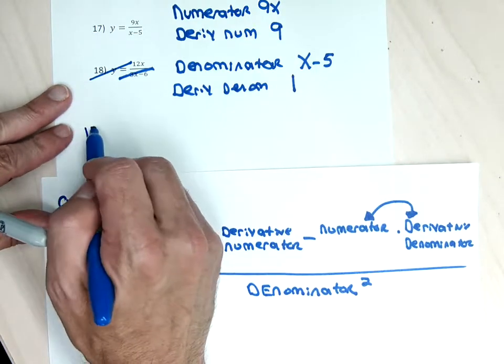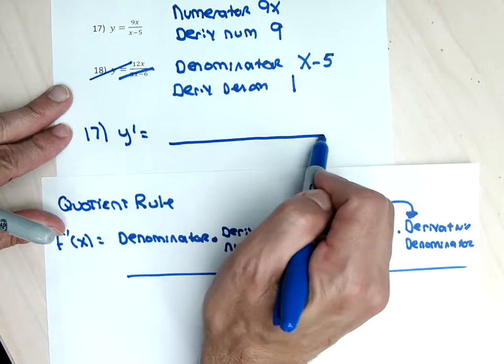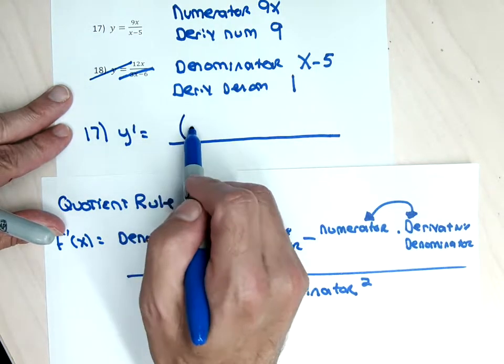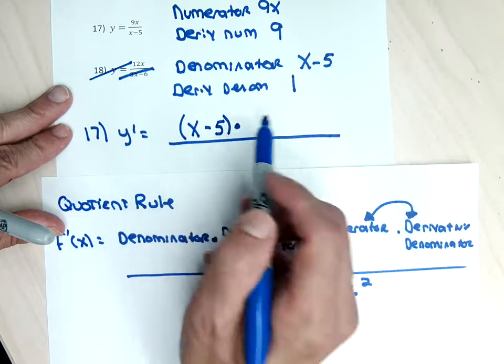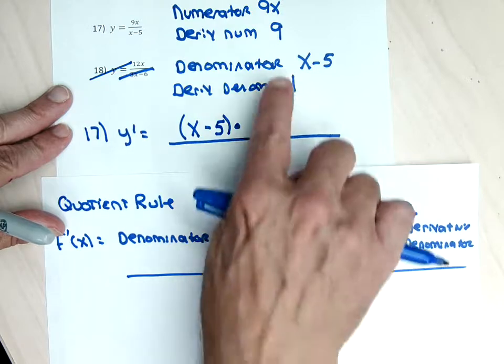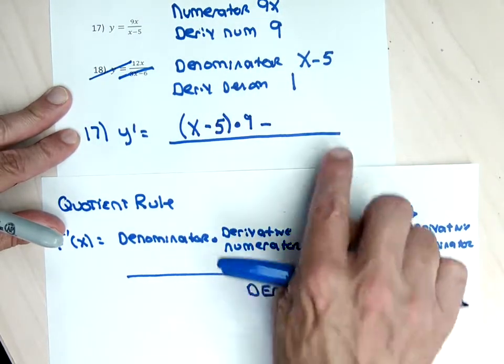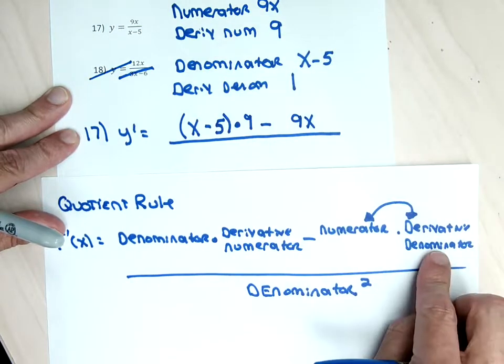So for 17, I'm going to say y prime equals, form a big fraction, the denominator, which is x minus 5, put it in a parentheses because it's a binomial, times the derivative of the numerator, which is 9, and then minus the numerator, which is 9x, times the derivative of the denominator.